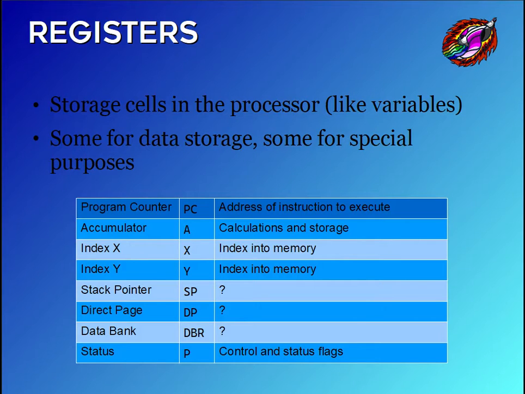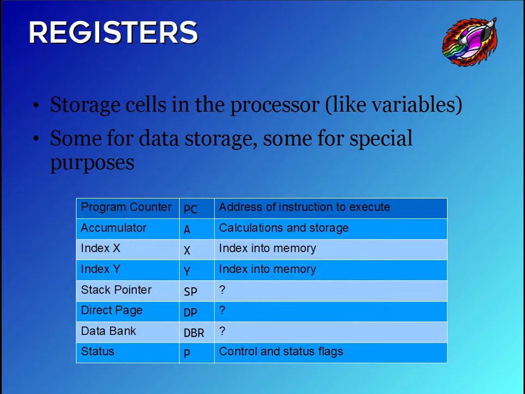You have a program counter, abbreviated PC, which is the address of the instruction that the processor is executing, or is going to be executing, depending on the stage the processor is in at the moment. It's really the pointer into code for execution.